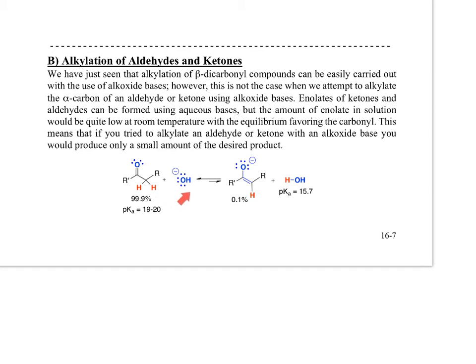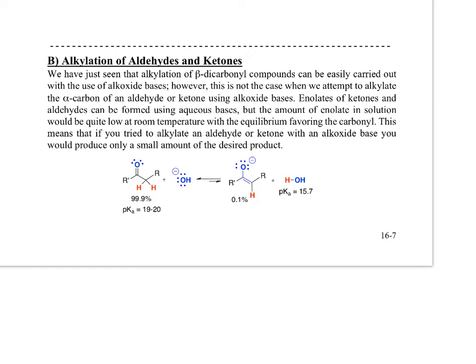In the case of hydroxide, which would be the weaker of those bases, at 15.7, the equilibrium still lies with the keto form versus the enolate. And we need the enolate because that is the nucleophile in this reaction. So under basic conditions where we have hydroxide as a base, we really can't facilitate the alkylation of the alpha carbon of aldehydes and ketones.